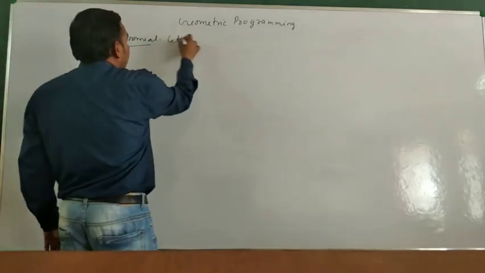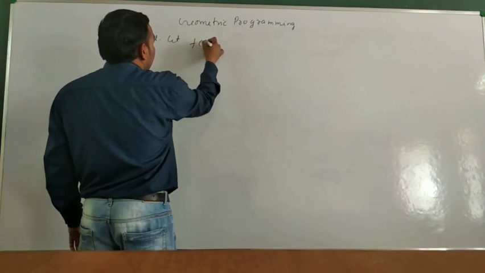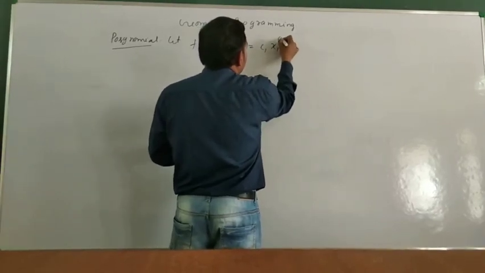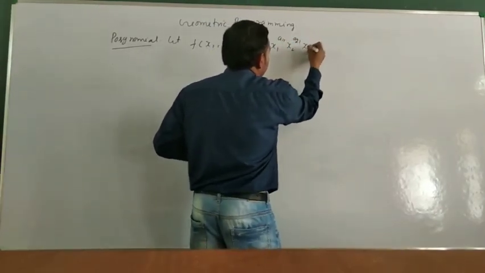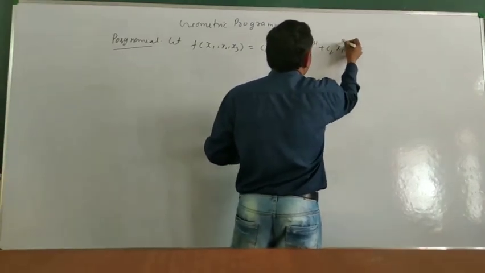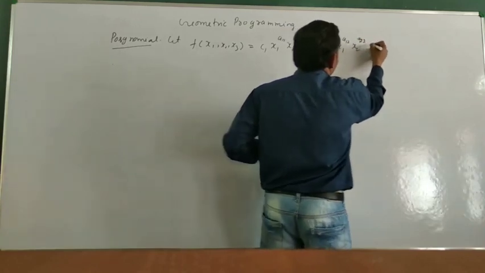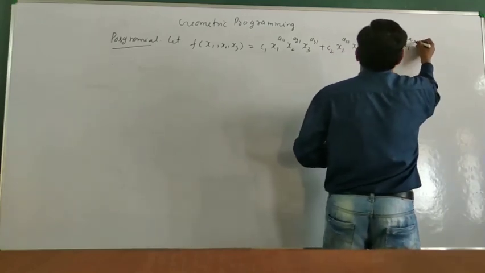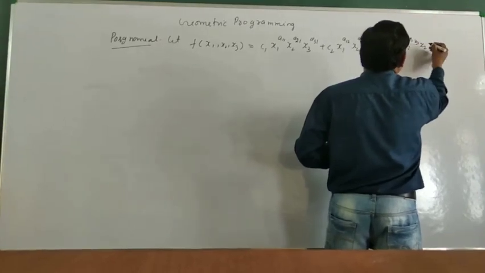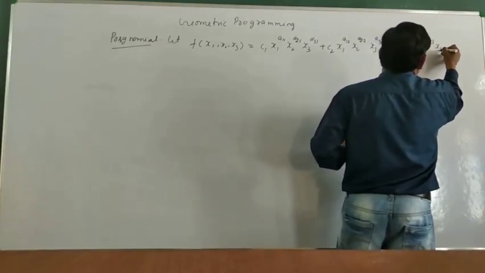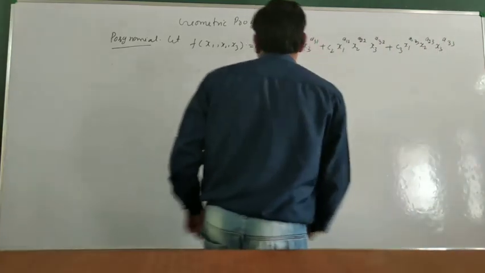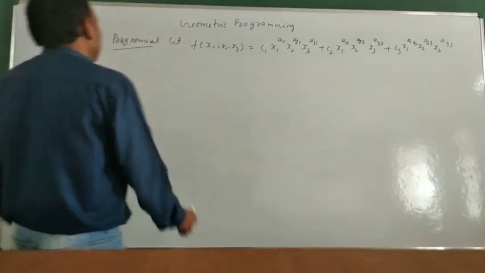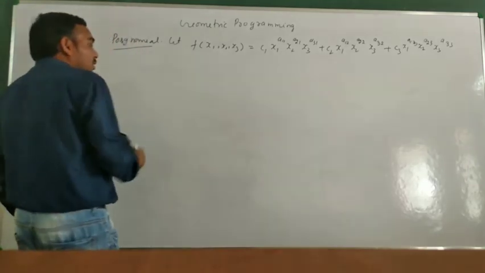Let a function f(x1, x2, x3) be in the form of c1 x1^a11 x2^a21 x3^a31 plus c2 x1^a12 x2^a22 x3^a32 plus c3 x1^a13 x2^a23 x3^a33.